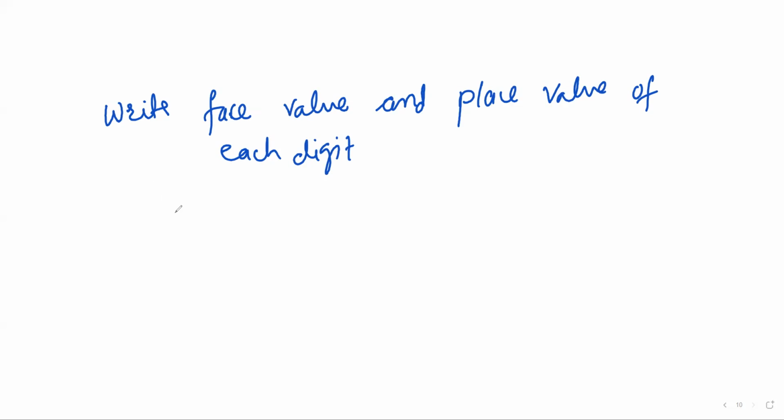The given example is 98,772. You have to write the face value and place value of each digit of this given number. Okay, thank you.